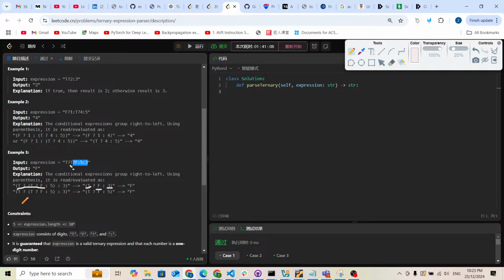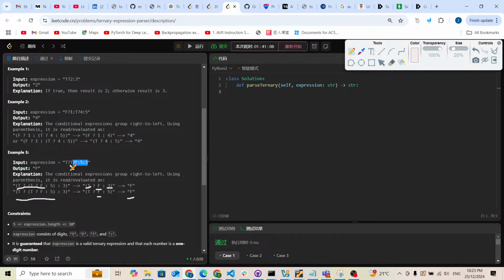From here it's going to be the same, and then we check this T. And this is true, so it's going to be T, F and 5. We choose them together. And this is a T, and we choose F. So no matter how we do it, finally we're going to get this F.